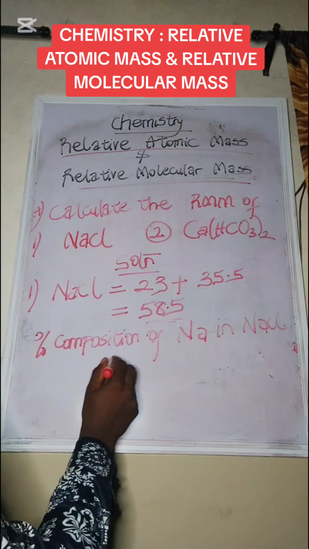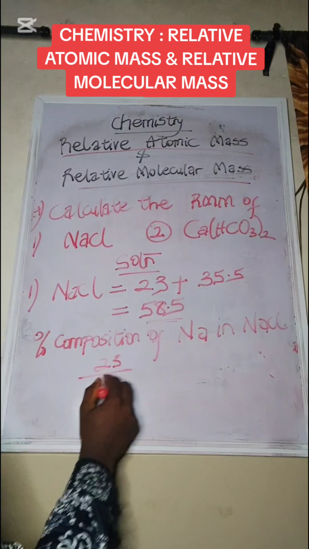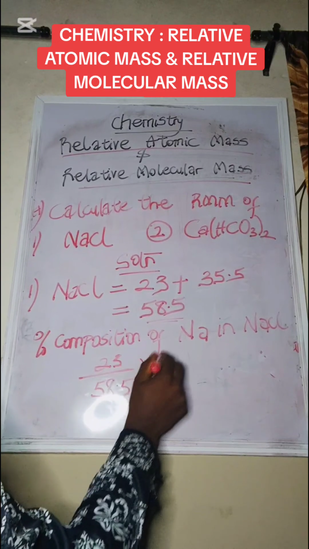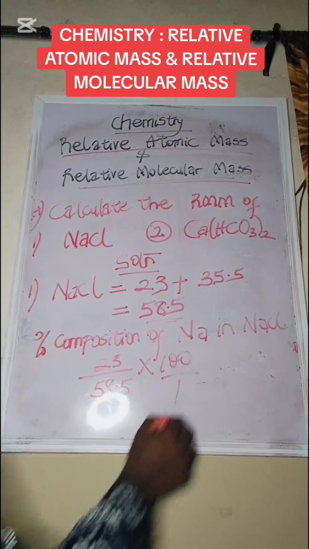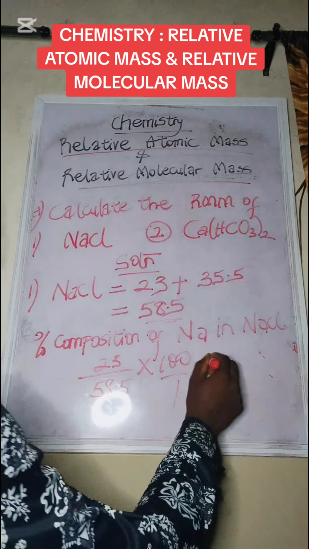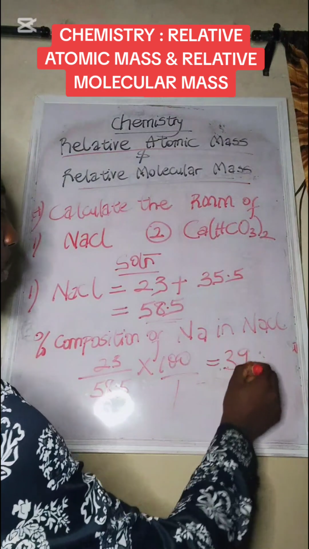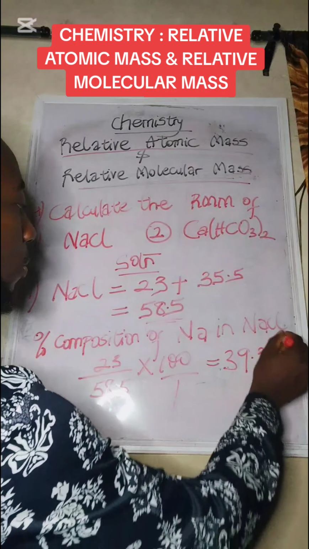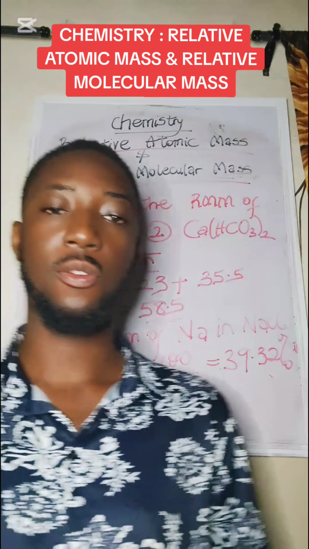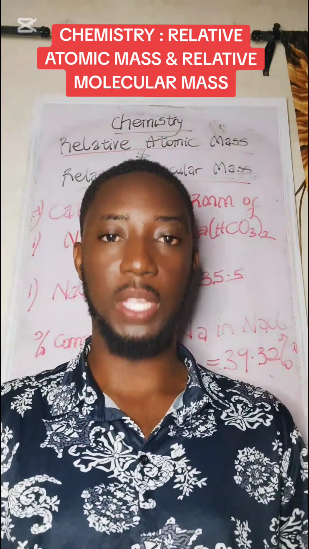You have 23 over the total, which is 58.5, times 100 over 1, which equals 39.32%. So you can equally be told to calculate the percentage composition of each element that makes up the compound.